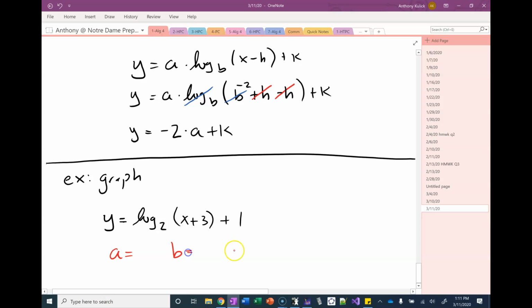The first thing I would do is write down my values for a, b, h, and k.